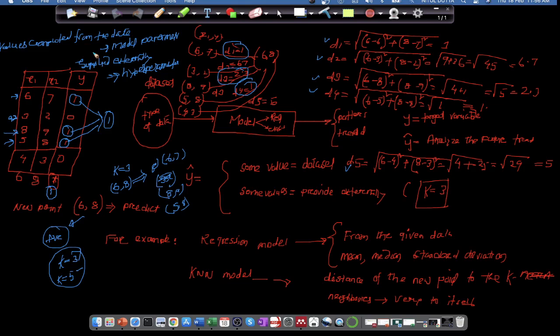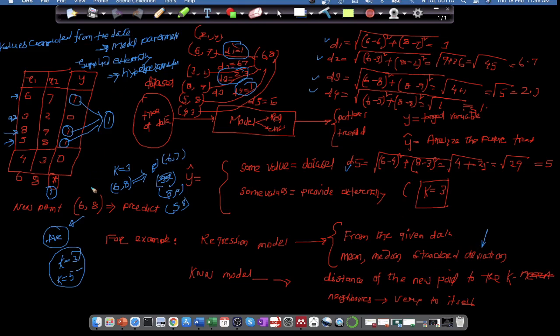Also, it is important to understand the meaning of these parameters. Model parameters are those parameters which are derived from the data set given. For example, in KNN, the distance; in case of regression models, mean, median, standard deviation, these are all calculated from the given data set.